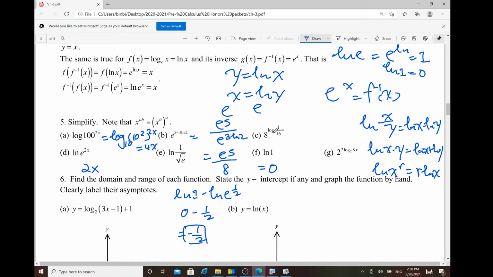And then what about a log base 2? This one is written as 2 to the power of 3 times log base 2 of 1 over 16. Again, coefficient to power. So this one can be written as 2 to the power of log base 2 of 1 over 16, to the power of 3.